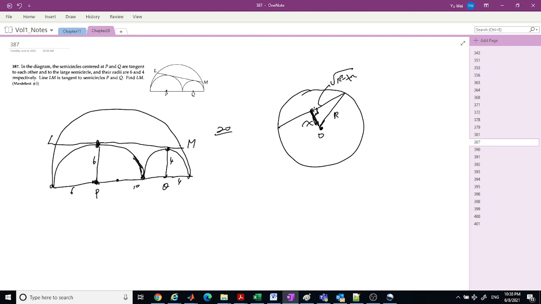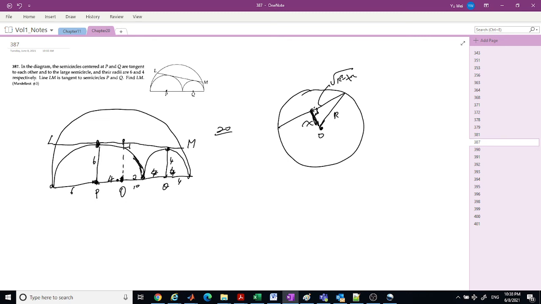So the center of the big semicircle is O, and we know this is 10. So this must be 4, and this must be 2. This is 2, this is 2, right? I'm sorry, this is 4, this is 4. So we have 4 plus 6 is 10, and 4 plus 4... is also 10, right?